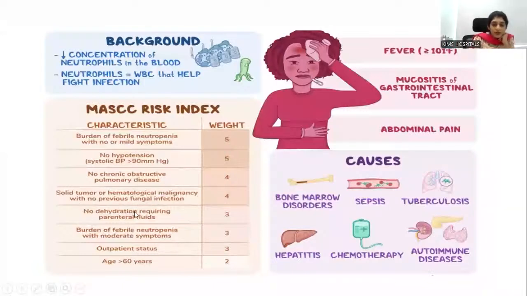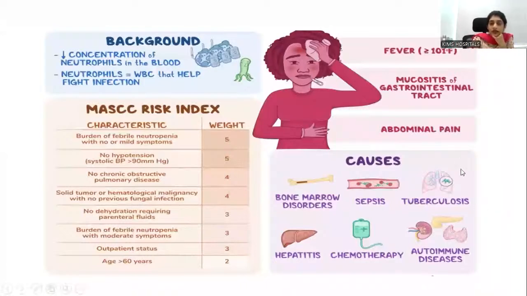Solid tumor or hematological malignancy with no previous fungal infection, the score is 4. No dehydration requiring parenteral fluids, 3. Burden of febrile neutropenia with moderate symptoms, the score is 3. Outpatient status is 3. Age more than 60 years and less than 60 years. So these are the basic things in the MASCC risk index.